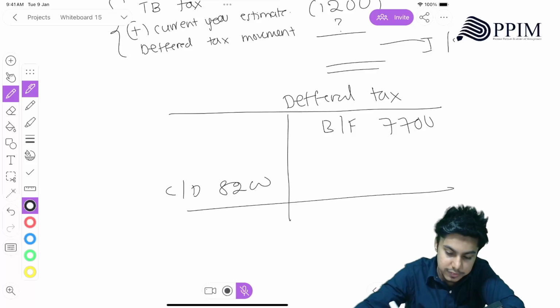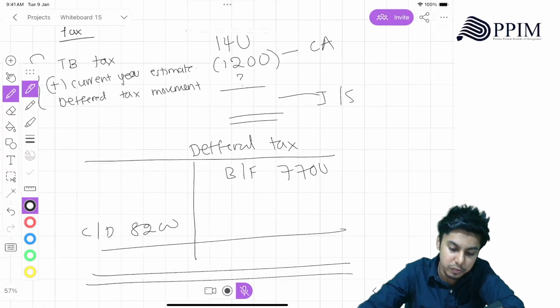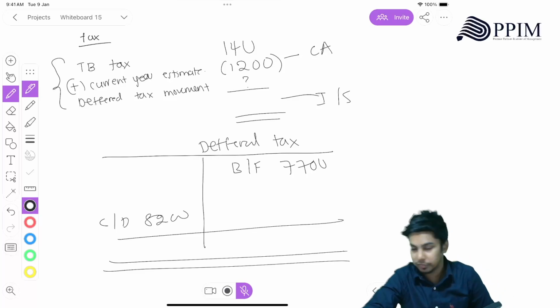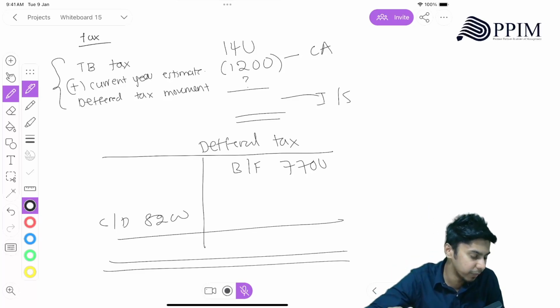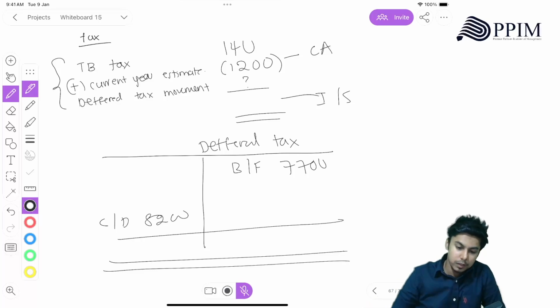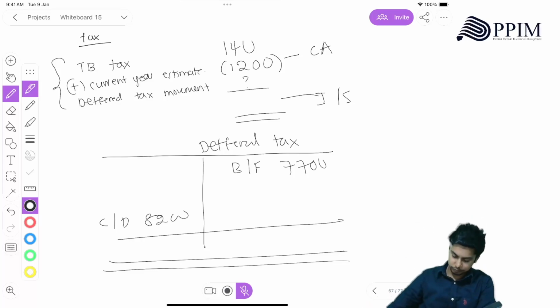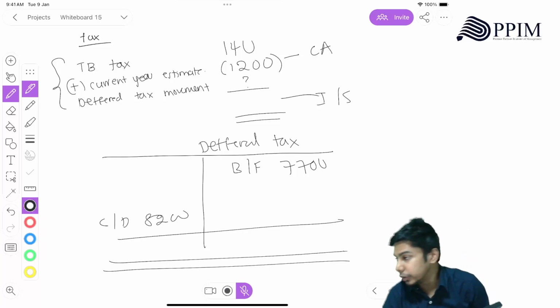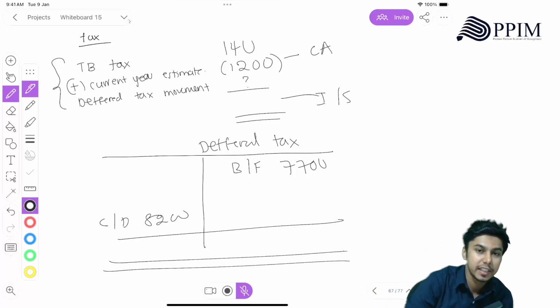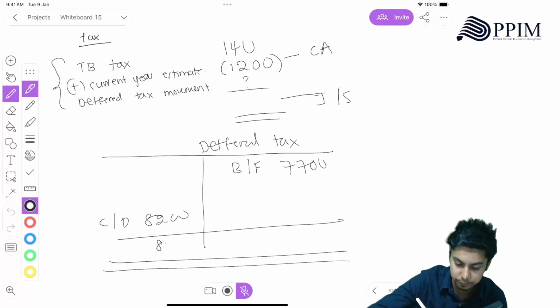Guys, now close this account. Can you guys find the answer for deferred tax movement? Okay, please close the account and find the answer for deferred tax movement. Correct, very good. That's the answer. So, guys, when you close the account, what's the answer we are getting? 500. Correct or wrong, guys? Because this side 8,200.